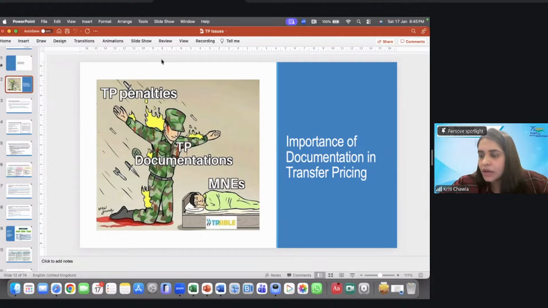There is no harm, but the requirement will not be there at the scrutiny stage to present it. So you can maintain a TP study even then. Okay, can you explain your question a bit further? I think I did not understand it.